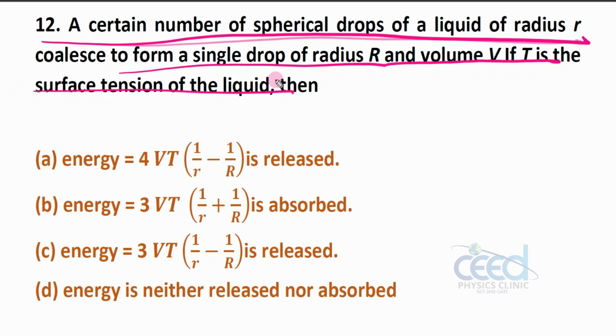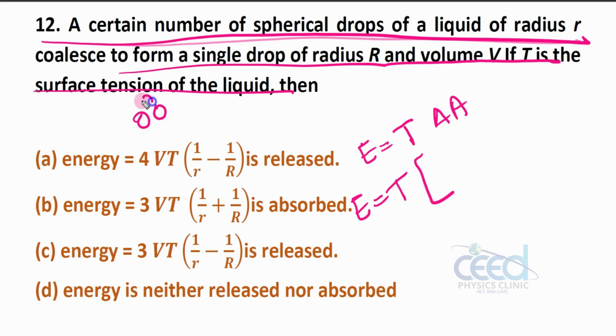Then energy is equal to surface tension into change in area. N drops join together to form a big drop of radius R. Here the small radius you may take as r.